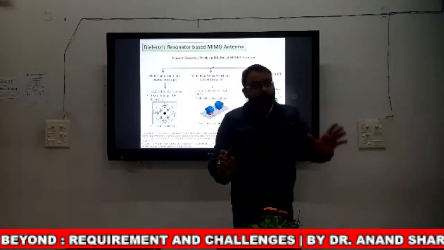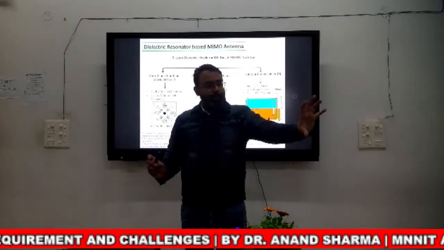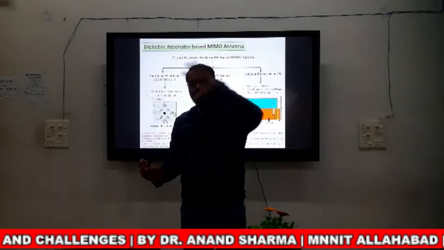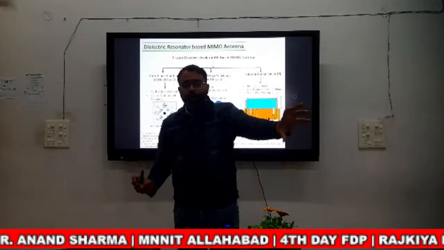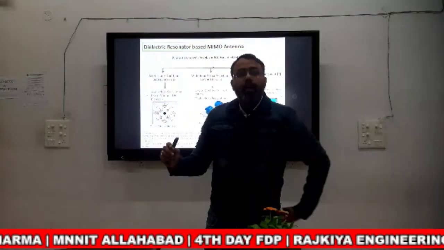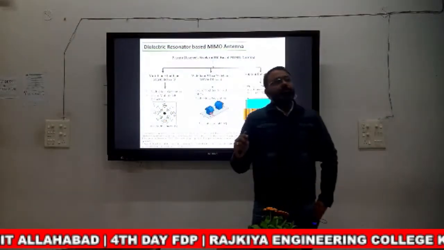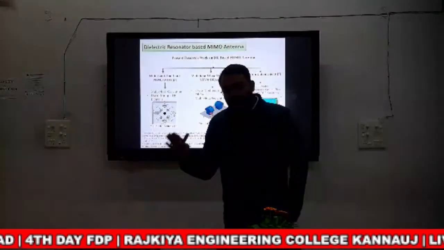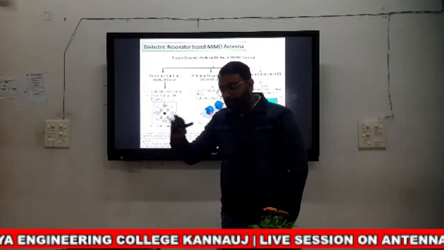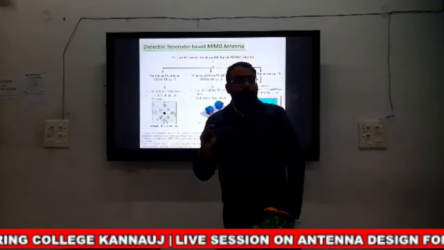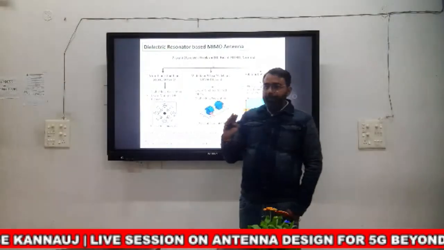Then there is a coupling between these two ports. The first port is coupled with the second, and the second with the first, and it will change the characteristics of the individual antenna. So you have to reduce that coupling.